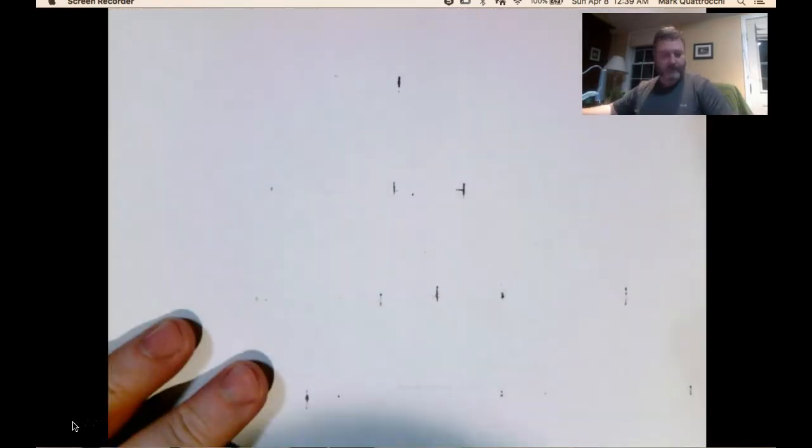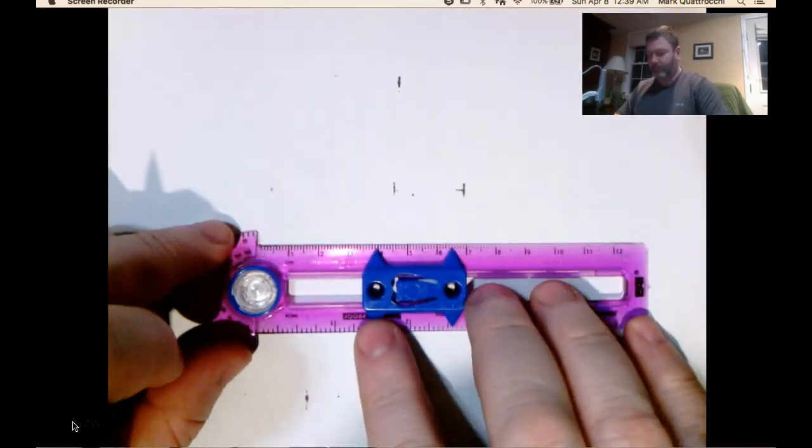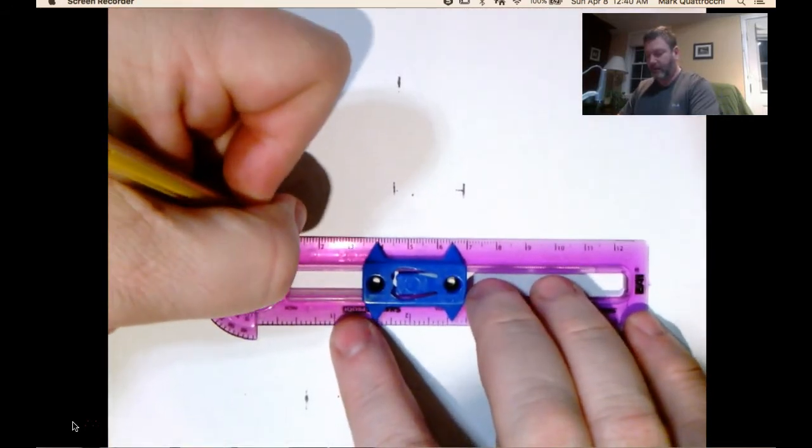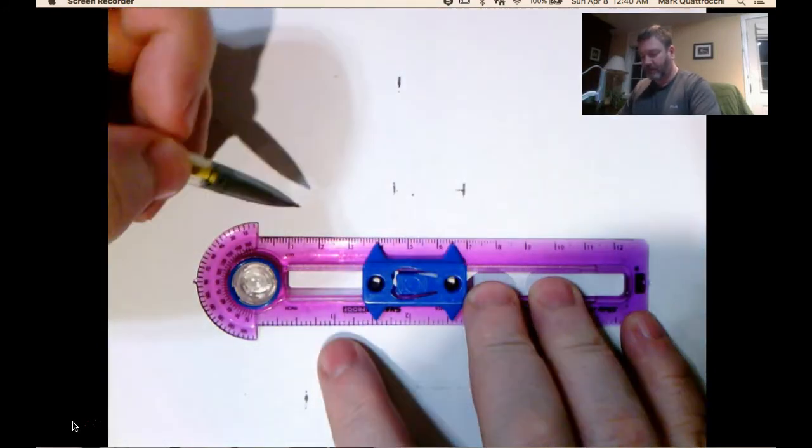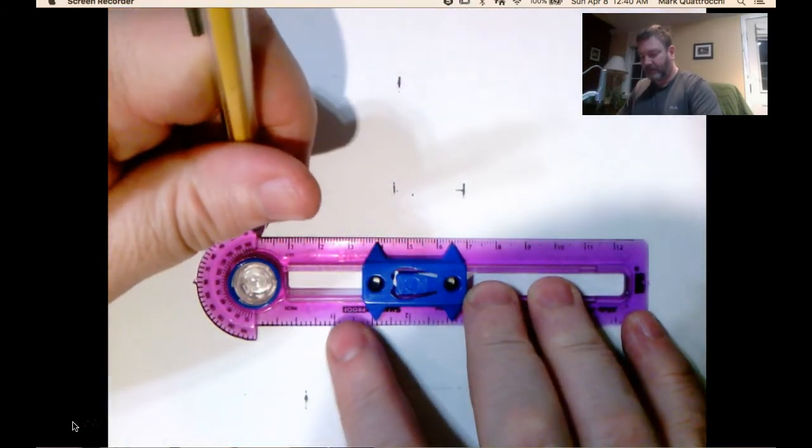I'm going to draw 2 different rays AB, and actually I'm going to use centimeters.